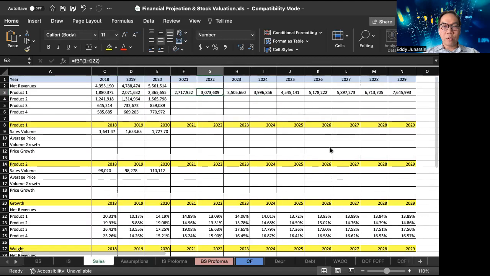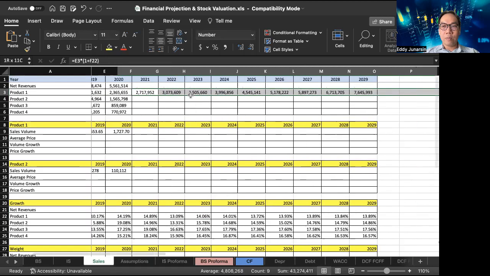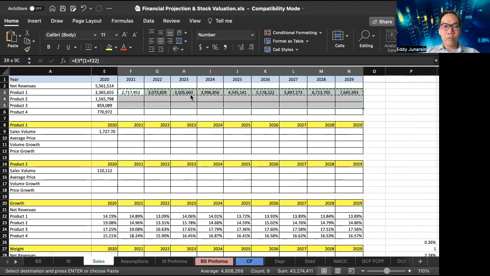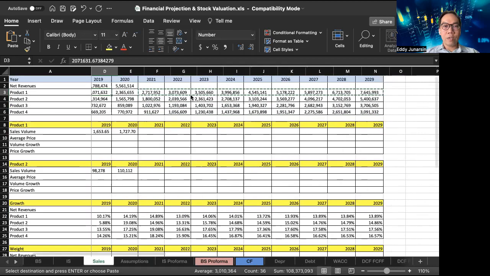So you can see here, for example, 2022, this should be the sales estimate in 2021 growing by this one, 13.09%, and so on. And once again, the same pattern here for all. Okay.